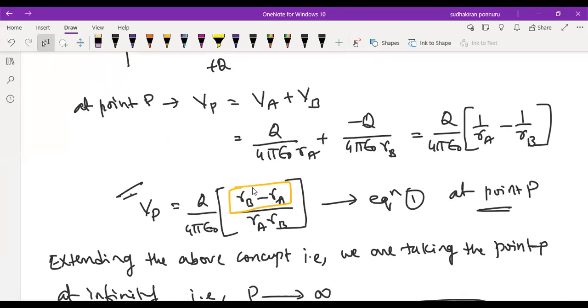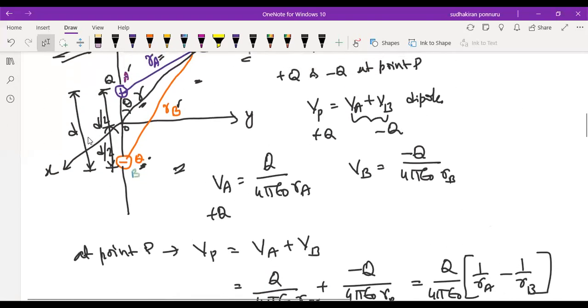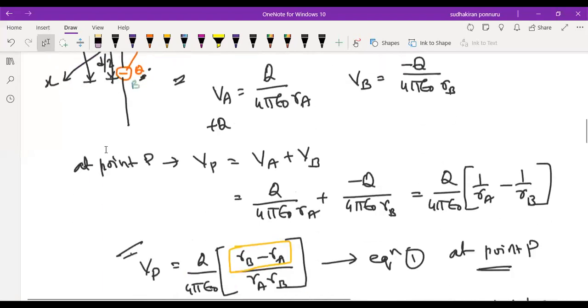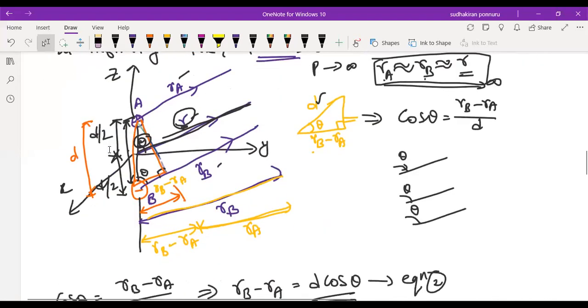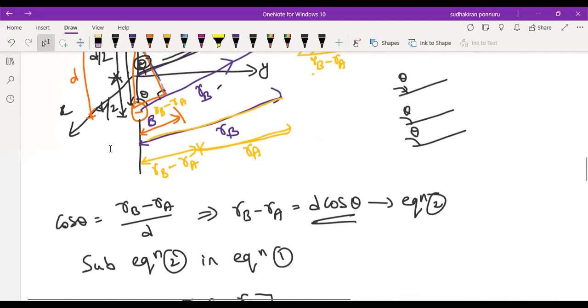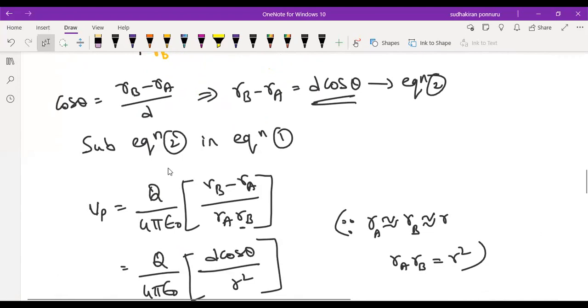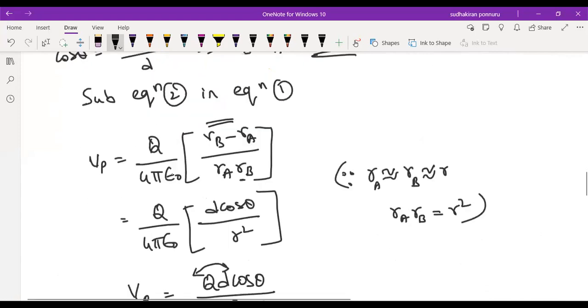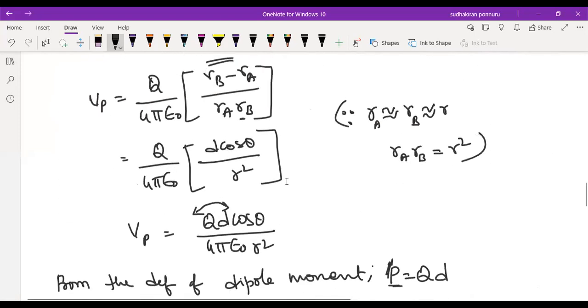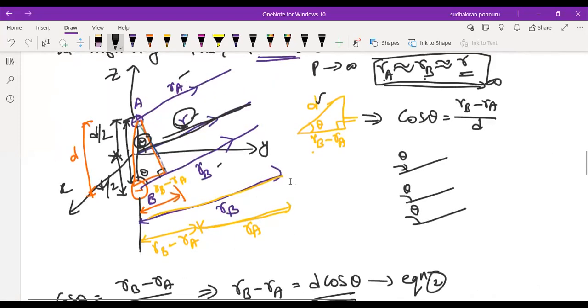Now we are extending this concept, that is, if the point P is at infinity, then we have made some necessary modifications to the above diagram, and here we have drawn the diagram. Since we need the value of Rb minus Ra, we have got it from the right angle triangle.